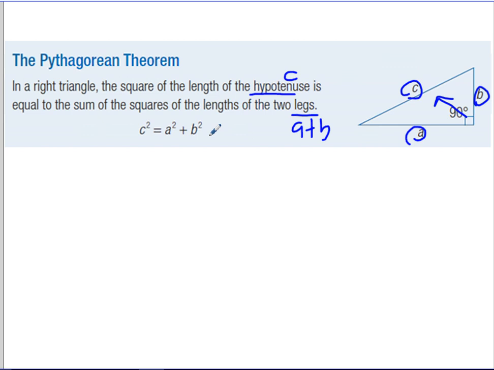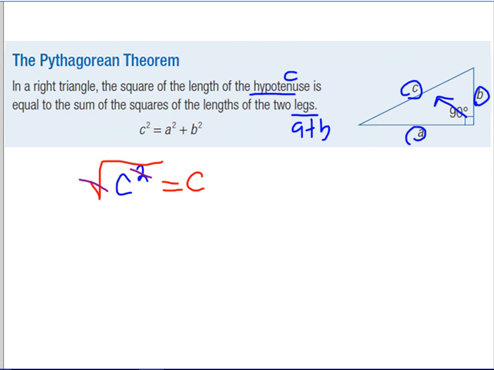You're going to be given numbers to plug in, and so in the formula, if we are going to try and solve it, let's say that we get this number, and that represents C squared, we're going to have to square root it to get C by itself, because again, square root and square are opposites. They undo each other. So the square is getting undone by the square root symbol.